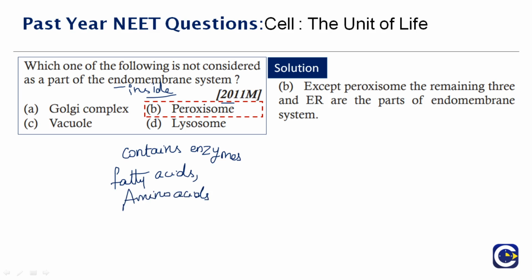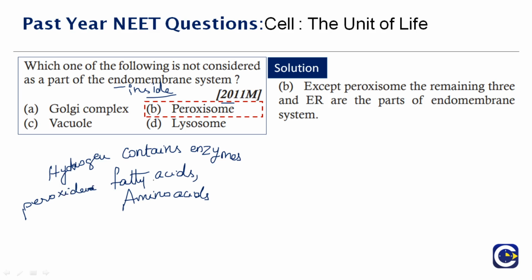So what actually happens is those oxidation reactions that happen here will produce something called hydrogen peroxide. What does it produce? Hydrogen peroxide.